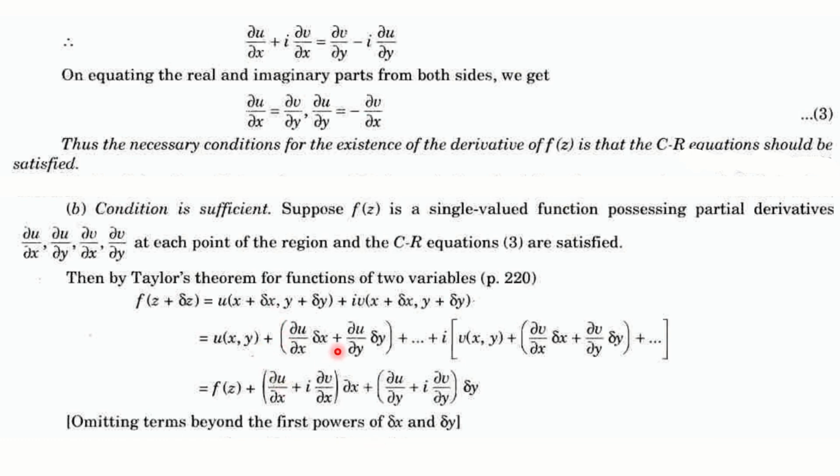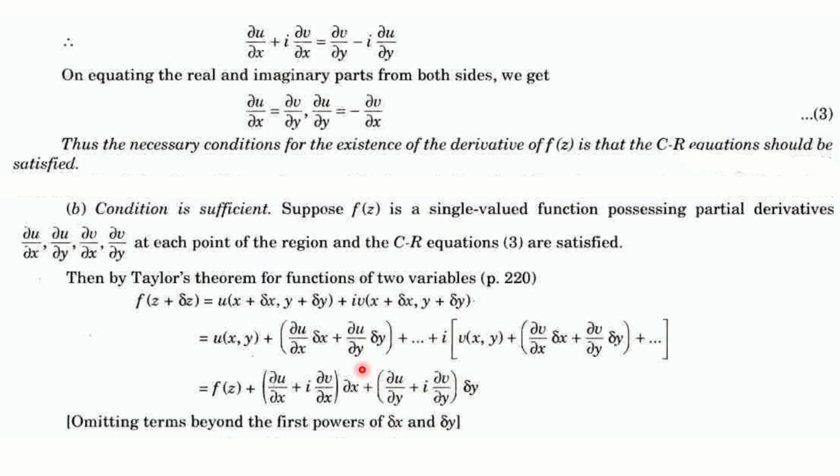So I'm omitting the higher powers of delta x and delta y beyond 1. What I end up getting is f of z plus del u by del x plus i del v by del x into delta x plus del u by del y plus i del v by del y into delta y.